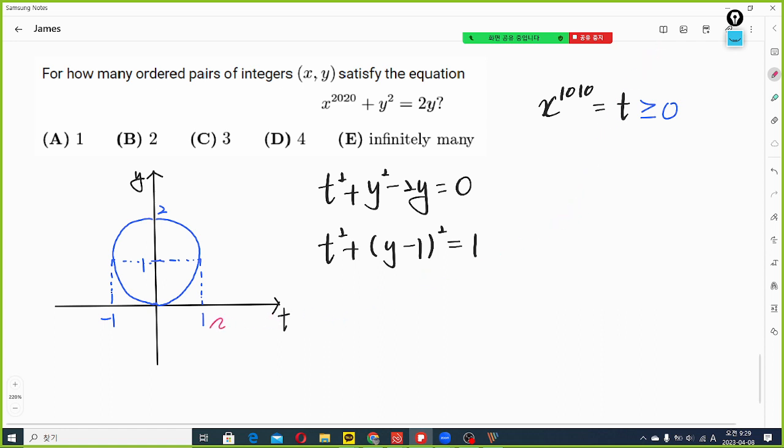So there are 3 points satisfying this condition.